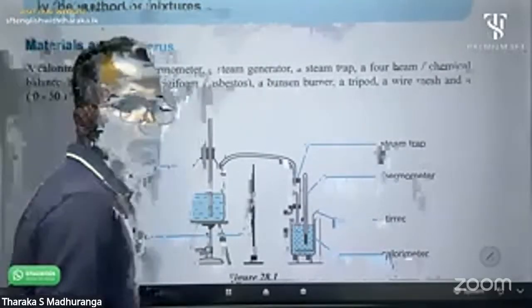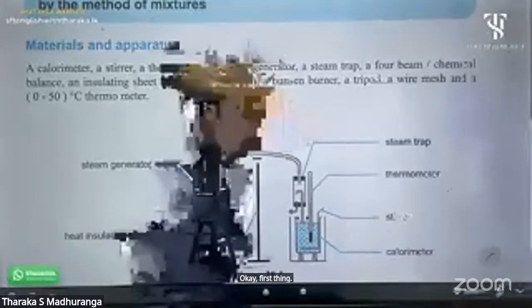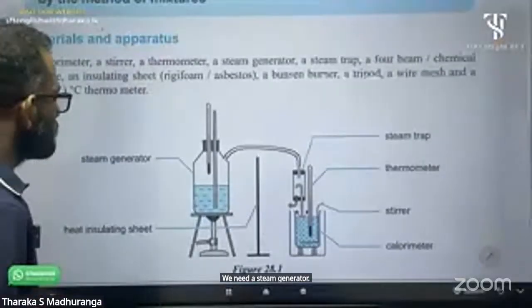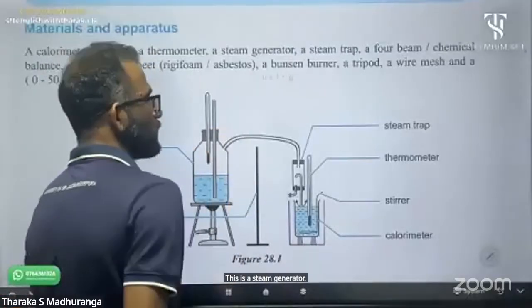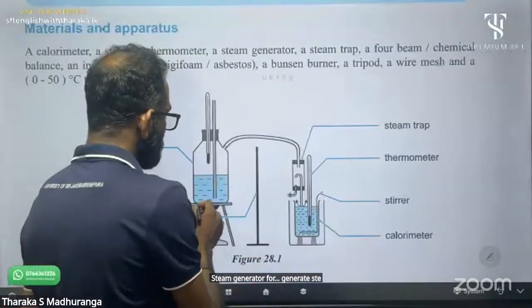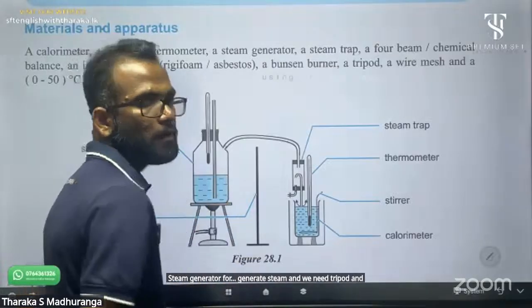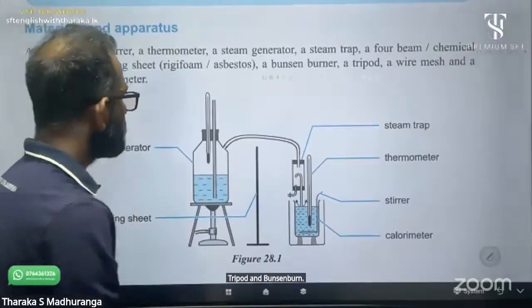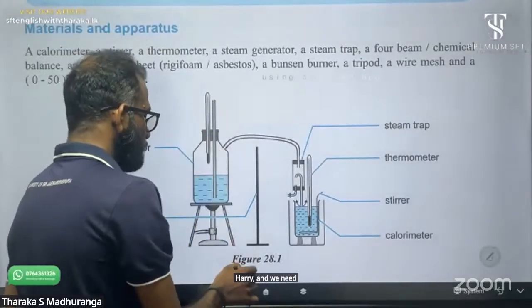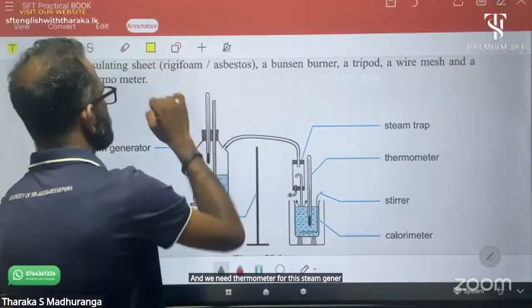Okay. First thing, we need a steam generator. This is a steam generator, for generating steam, and we need a tripod and Bunsen burner. And we need a thermometer for this steam generator to get the temperature.